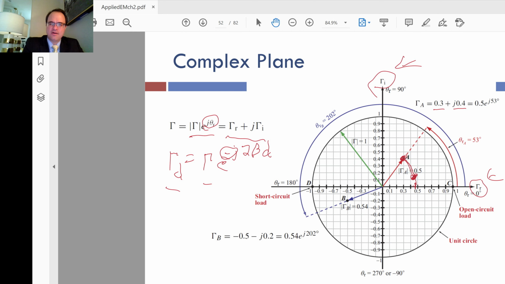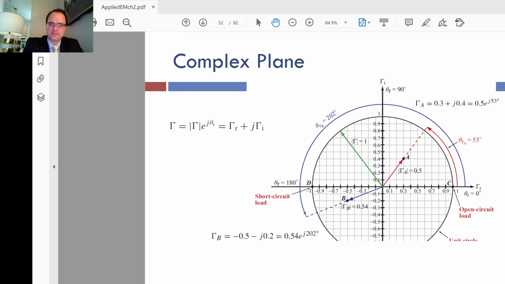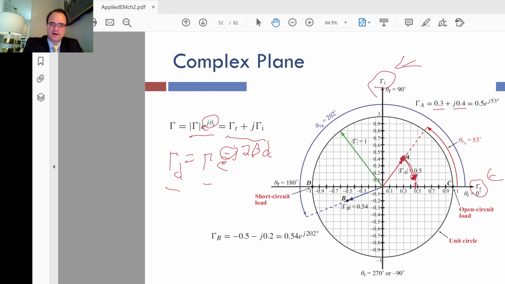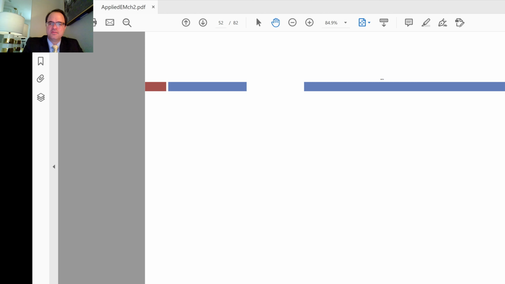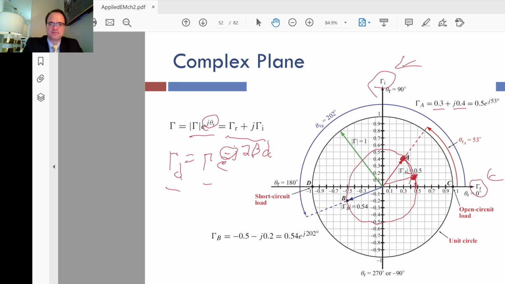Depending on how far towards the generator we go, we will land somewhere on this circle defined by the point A on the periphery, which represented the reflection coefficient of the load. At a certain position, my phase shifted reflection coefficient would be given by this quantity.